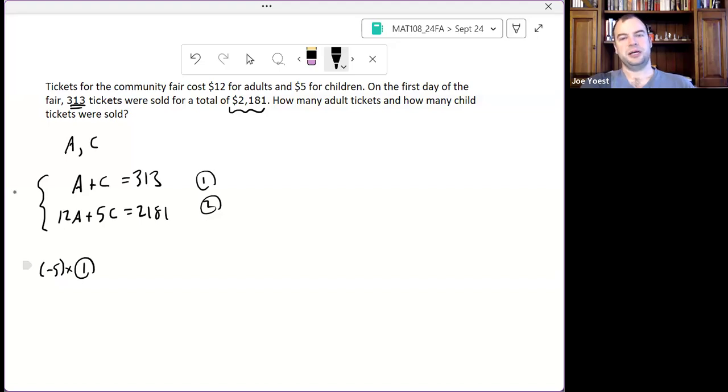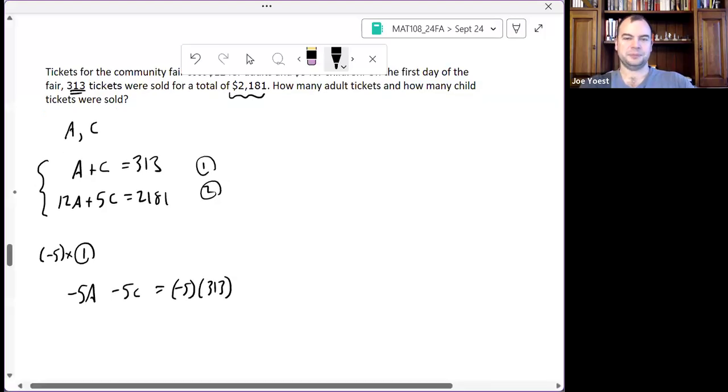The C's will go away, the A's won't, and I'll be able to solve for the A's. So I have -5A minus 5C equals, and it's easy to forget to multiply on the right-hand side, but let's not forget that, equals -5 times 313. Equation 2 just copies down.